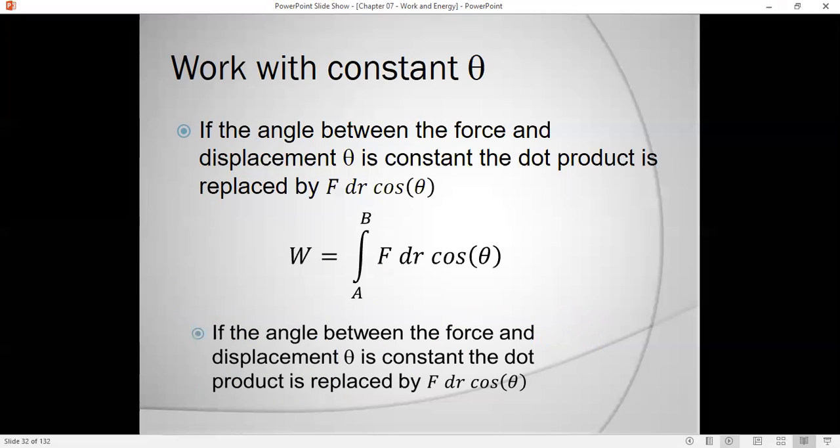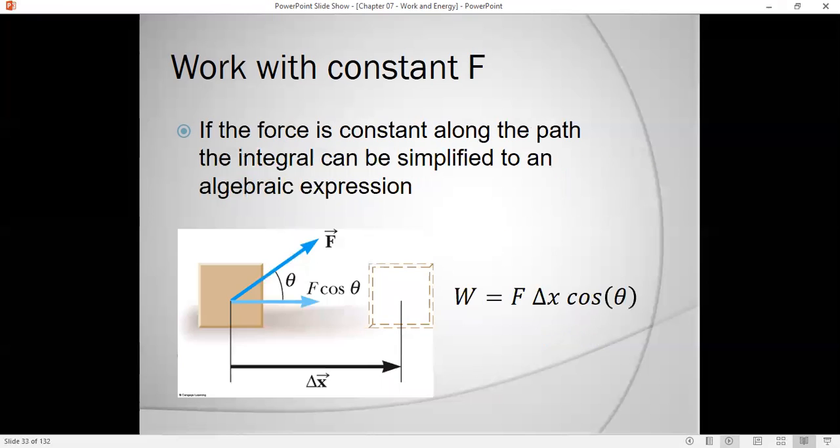Well, we can reduce the dot product using cosine theta, but that doesn't really make this so much easier. I mean, again, we're still relying on calculus to do this integral here. So we're still dealing with a fairly nasty equation right here. However, if we can take a constant force, okay, say we take a force, F dx, and F is constant, we can put the F outside the integral, and the integral just simply goes away, okay?